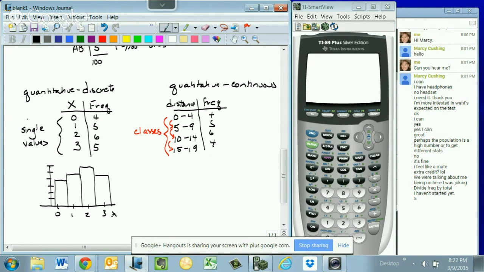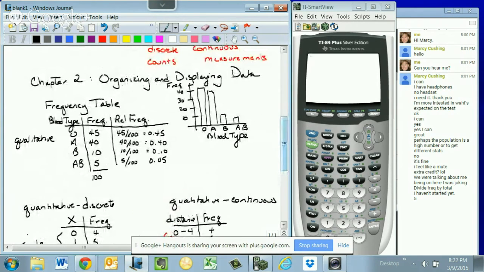Okay, so whatever this is, this would be frequency. One thing to notice is that with the histograms, the bars will touch. With a bar chart, the bars don't touch.